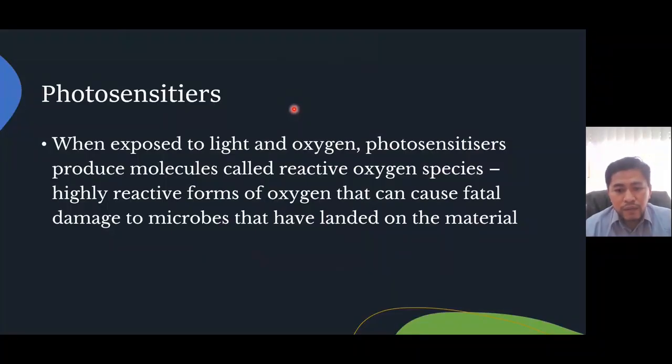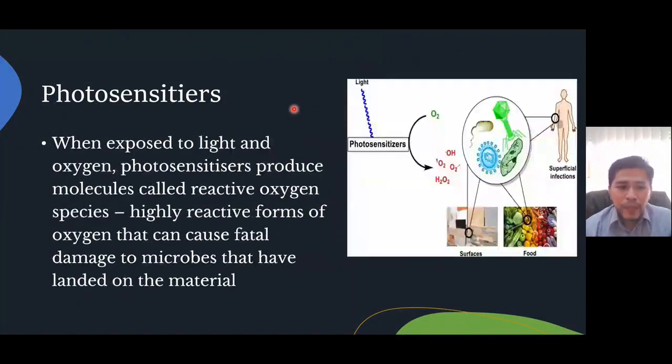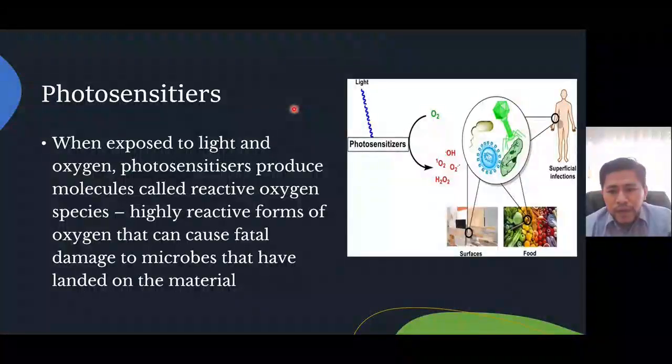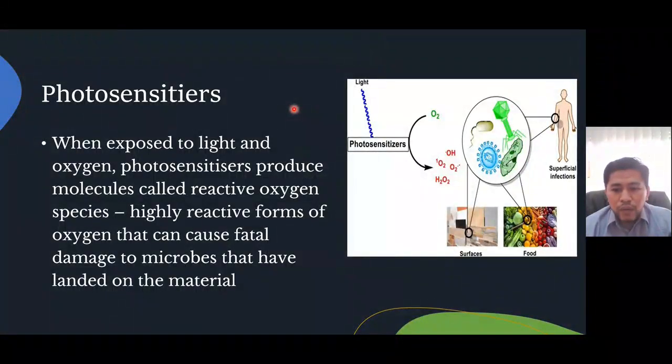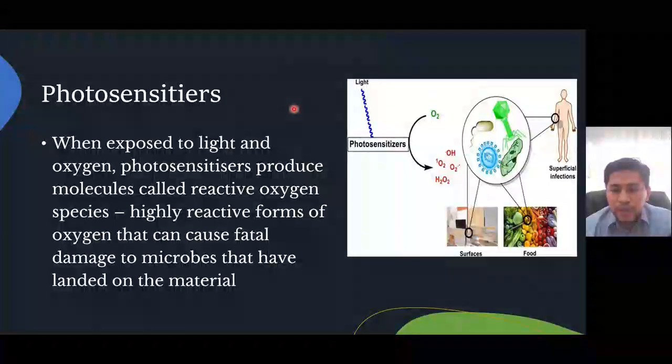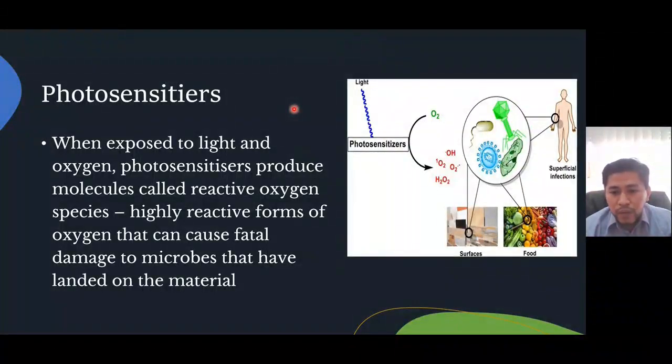This highly reactive form of oxygen can cause fatal damage to microbes that land on the material. The source of light could be something as simple as sunlight, an abundant, freely available resource, although artificial lighting or light from a specialized source such as fiber optics or LED can also be used.